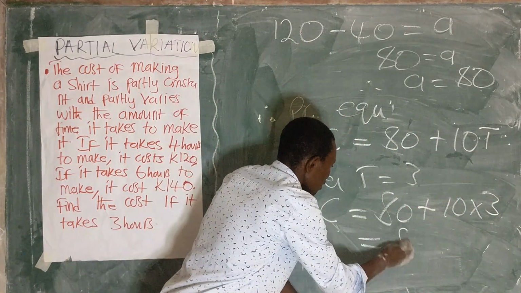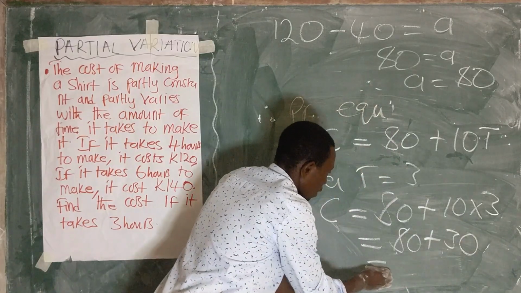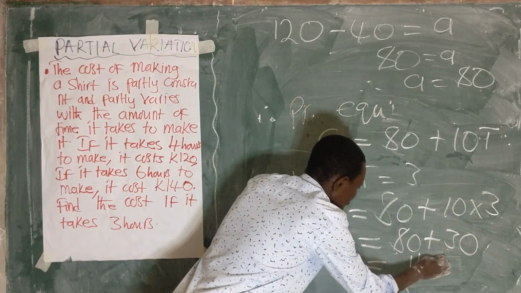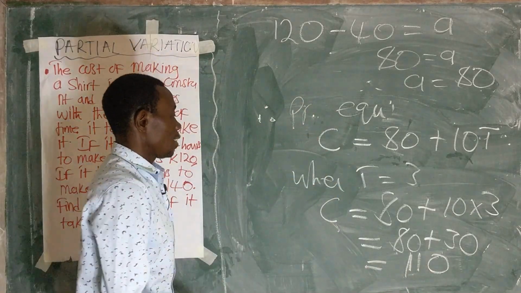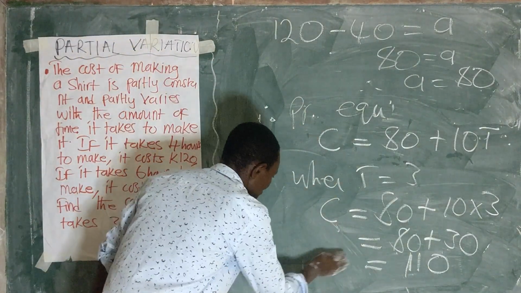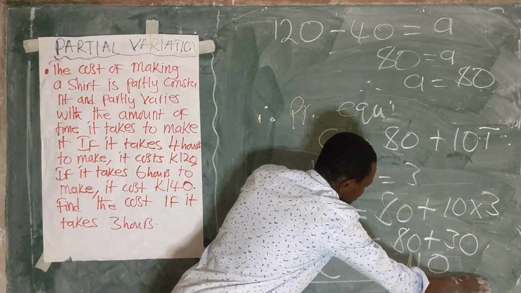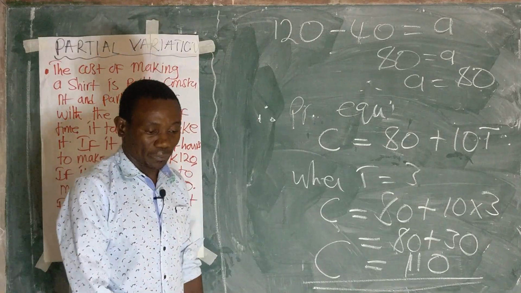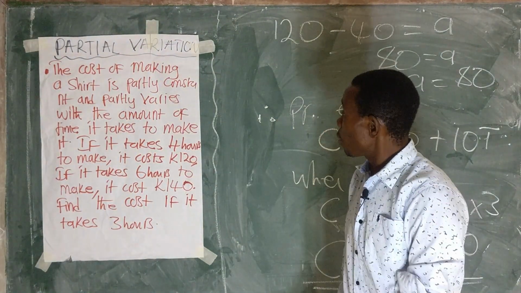Then what we have here is 80 plus 30, and this gives us 110. Right, C is equal to 110. So it means the cost will be equal to 110 kwacha. Right, so that's the way it is for partial variation.